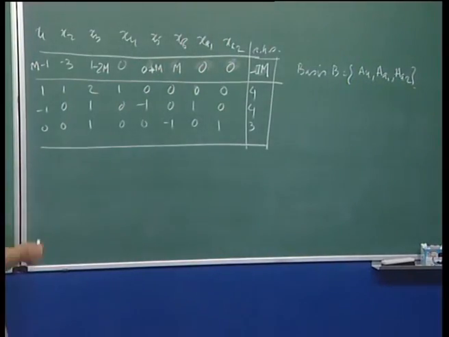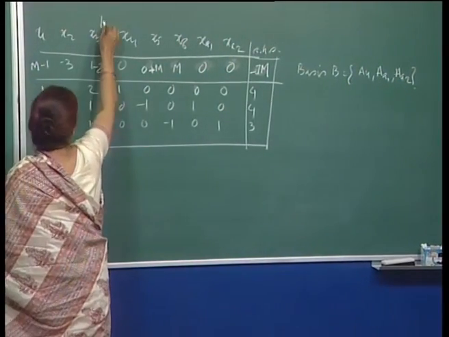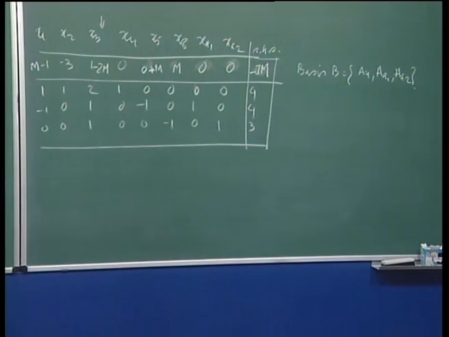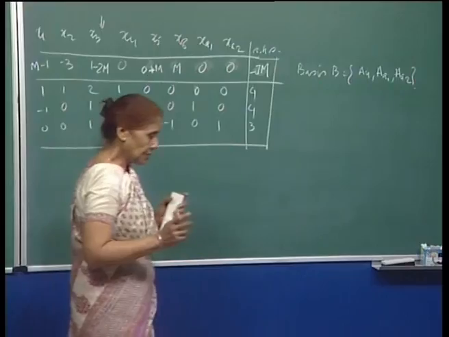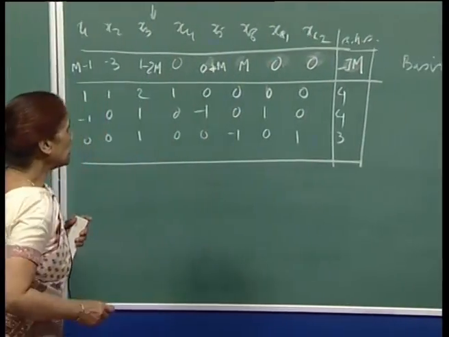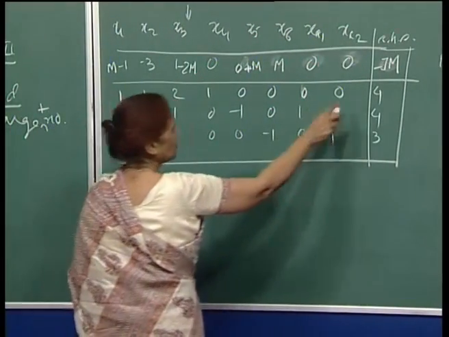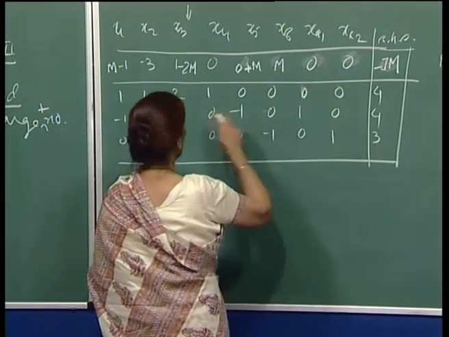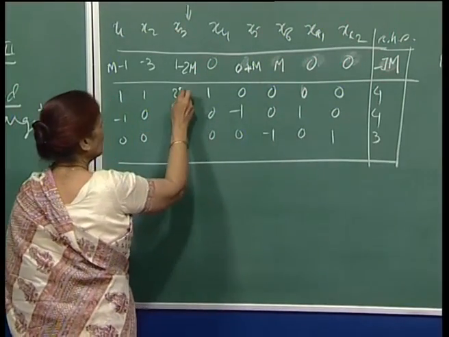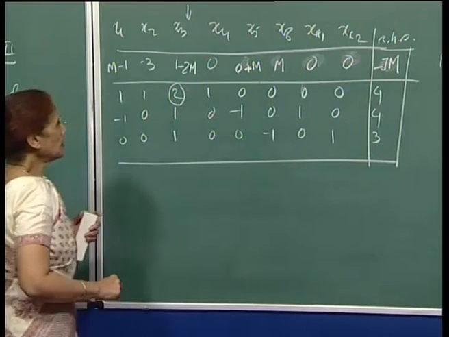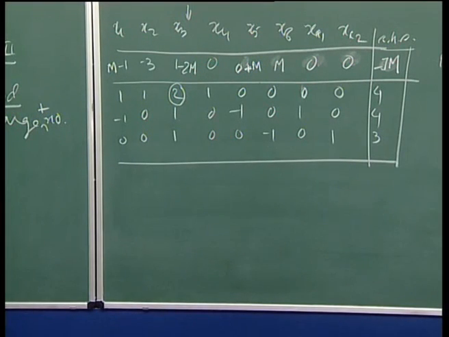Since M is very large, this is the first negative entry in your Cj minus Zj row, and so I will make x3 a basic variable. We pivot. So, here this is 4 by 2, 4 by 1, and 3 by 1. So, no tie in the minimum ratio. The variable to leave the basis will be x4.